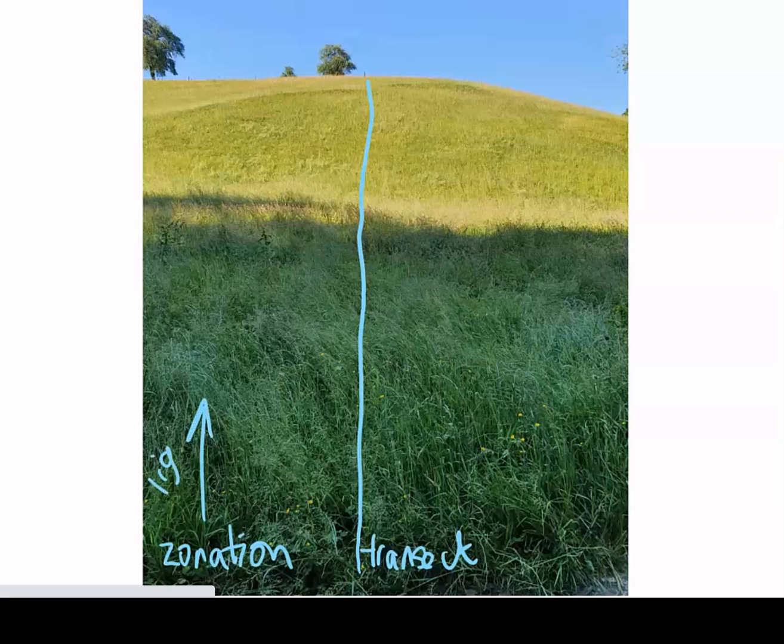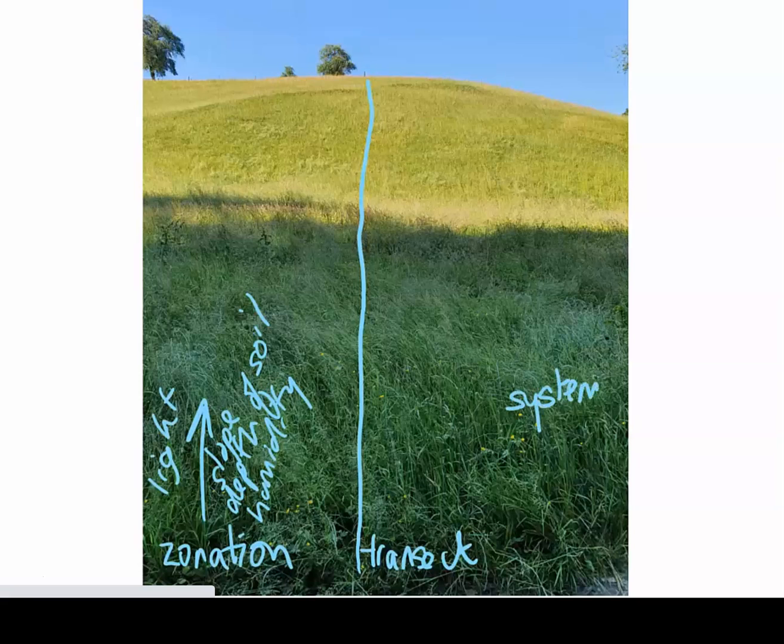As you come along here, you're getting increased amounts of light, or it might actually be the slope, how steep it is, and that might be related to, for example, the depth of soil, or it could be the soil humidity. Okay, so various things.